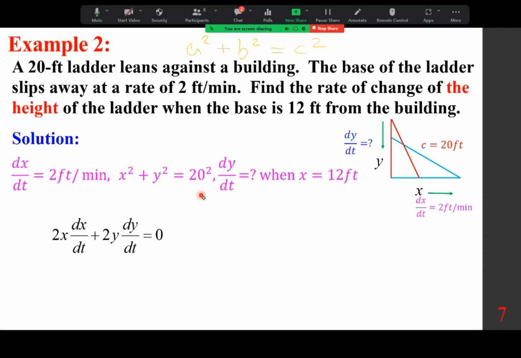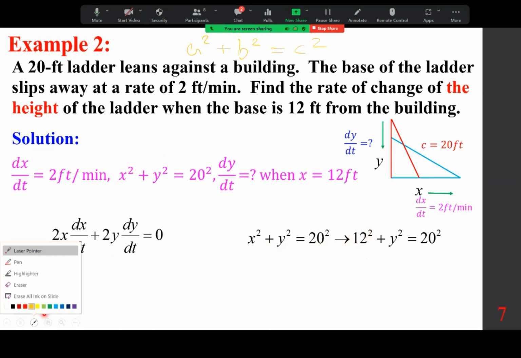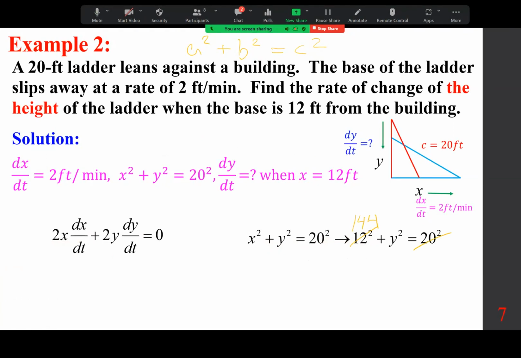And as you can see, we have everything here to plug in with the exception of y. So at the moment when x is 12, we can know what the y value is from the Pythagorean theorem. So x squared and y squared add up to 20 squared. This is 12 squared, 144.